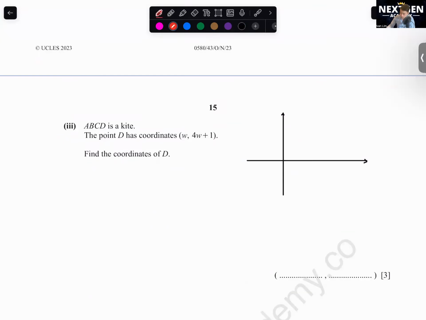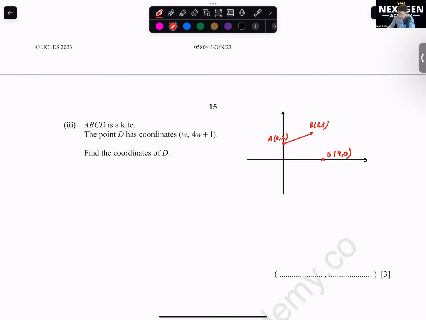Okay, A and B. Here and here, right? A, 0, 2. D, 4, 0. Okay, B, probably somewhere here. 3, 3. Okay, what do we understand by the concept of kite?